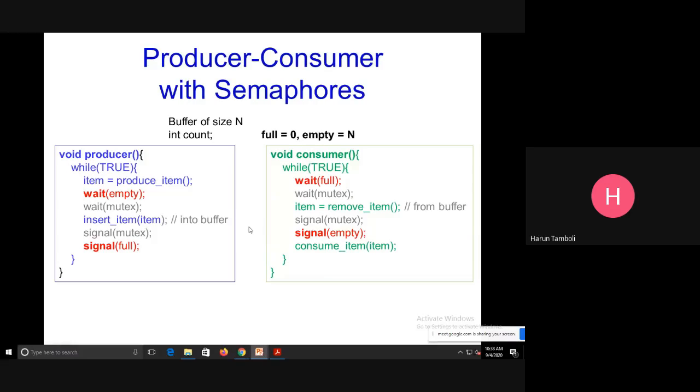Likewise, we can provide the solution for the producer and consumer problem using the semaphore.